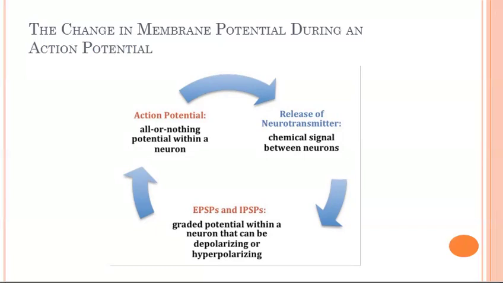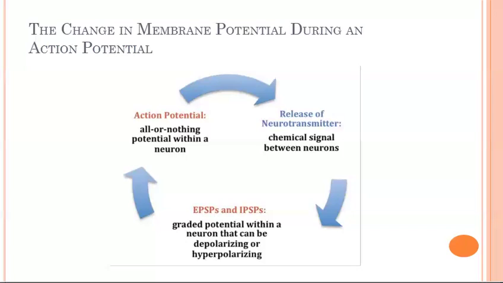A voltage dependent channel is a channel that opens, allowing some ions to enter or exit the cell, depending upon whether the cell reaches a particular membrane potential.